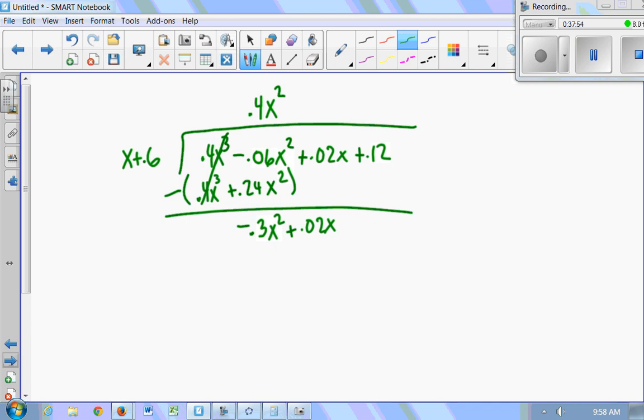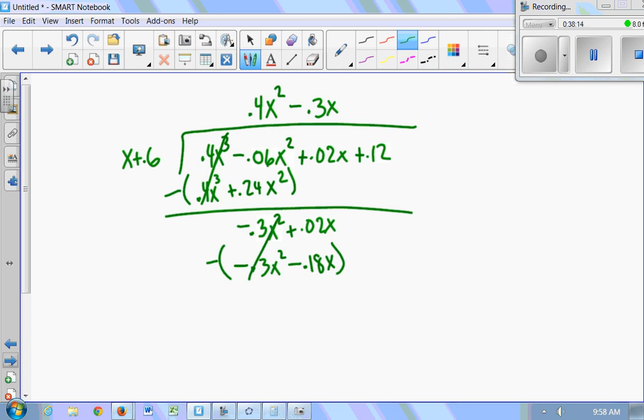All right, so x times what would give me negative 0.3 x squared? Negative 0.3 x. Distribute, and I get negative 0.3 x squared. 0.3 times 0.6 is 0.18. And subtract.